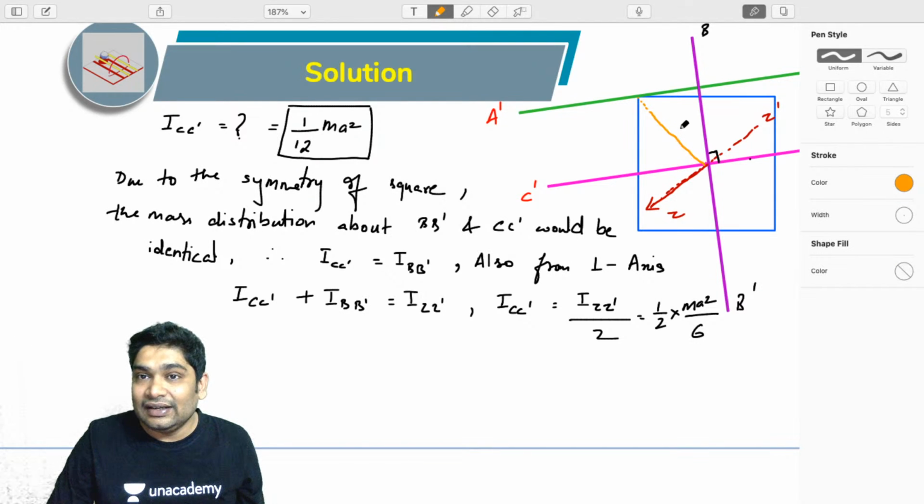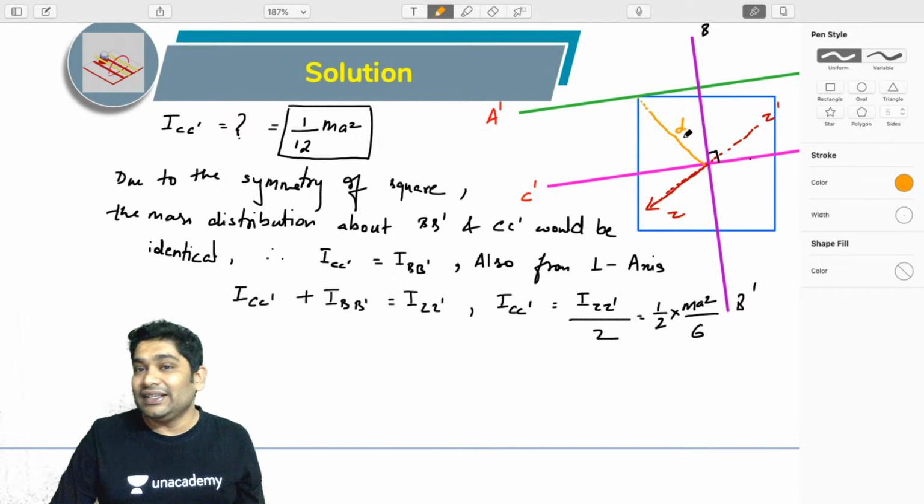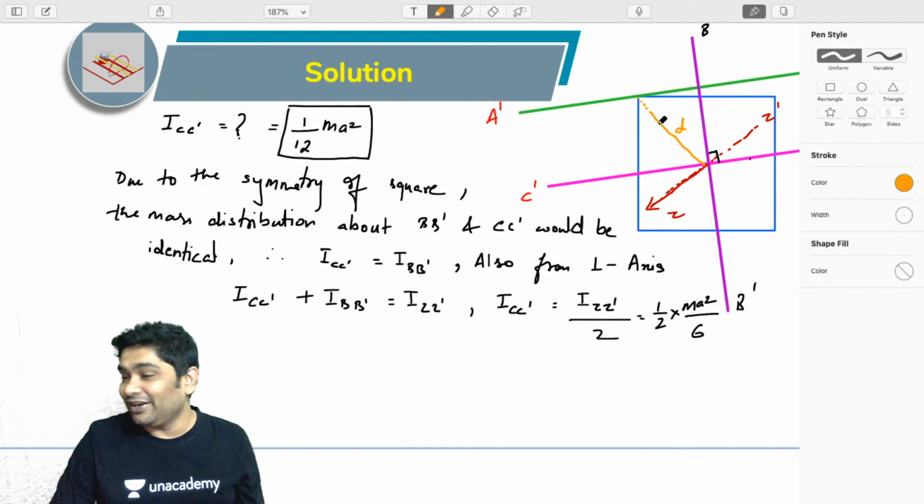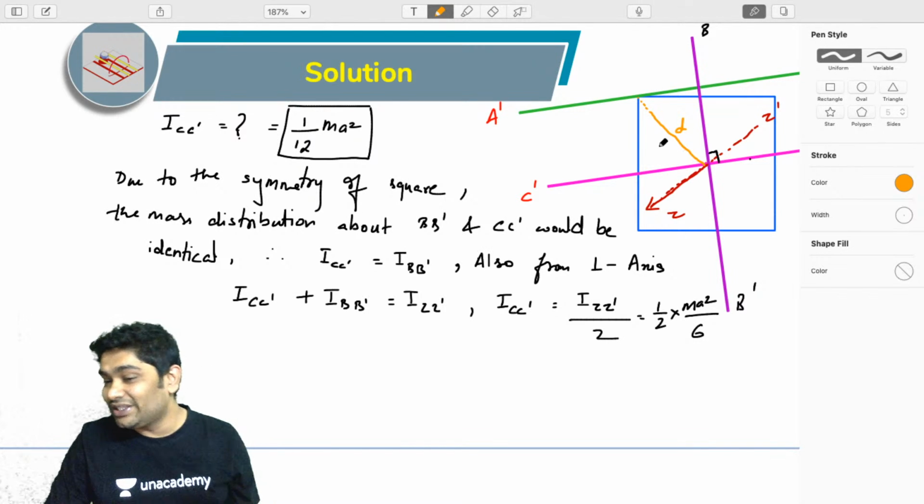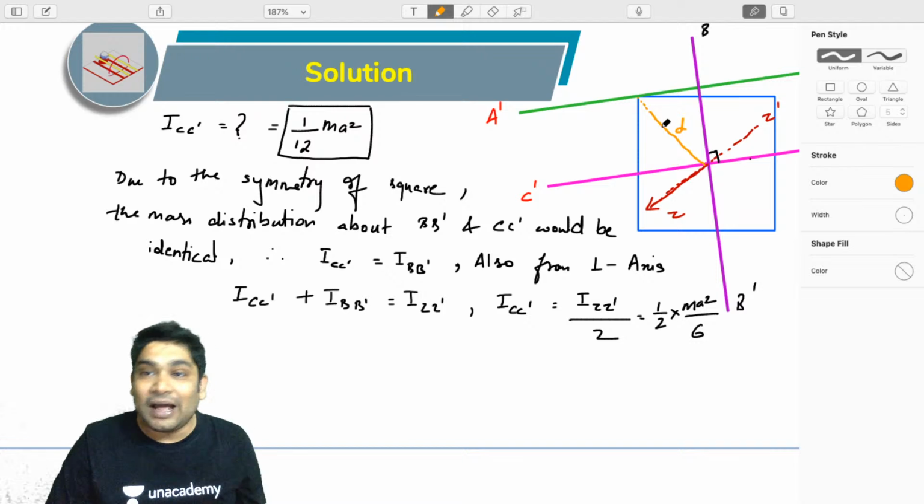Okay, and let's say this is D. So they use this as the perpendicular distance between the two axes in the formula of the parallel axis theorem. Okay, and they say that IA dash would be ICC dash plus D square, which is not correct.